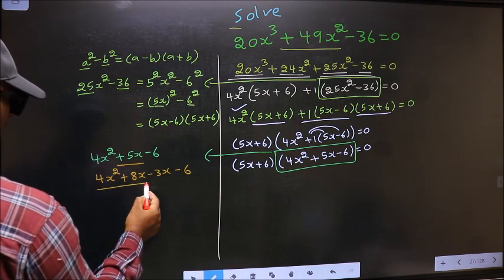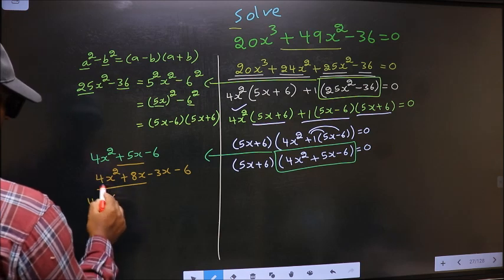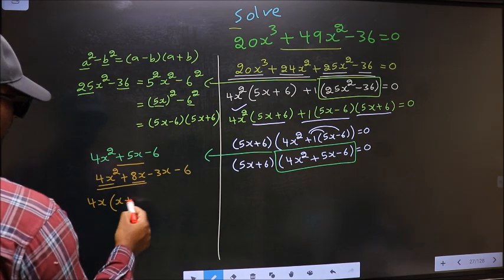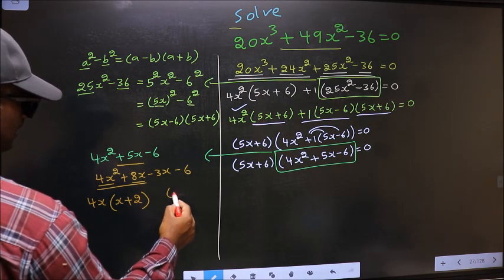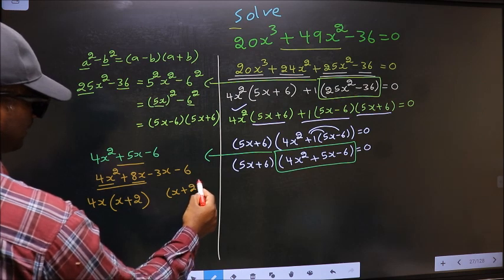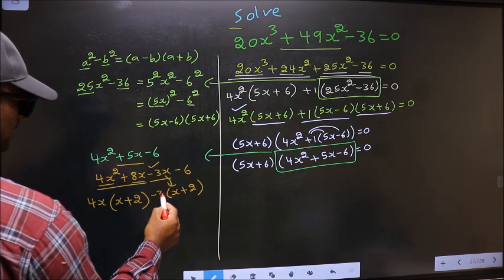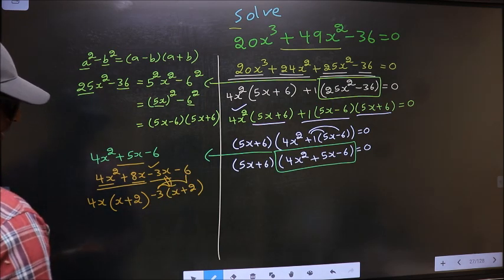Next, from these two terms, what can be taken out common is 4x. From this 4x out you get x, plus from this 4x out you get 2. Now whatever you got here, here also you should get the same thing. From this x gone inside, so outside you get minus 3. Even if you multiply and check, still you get the same thing.